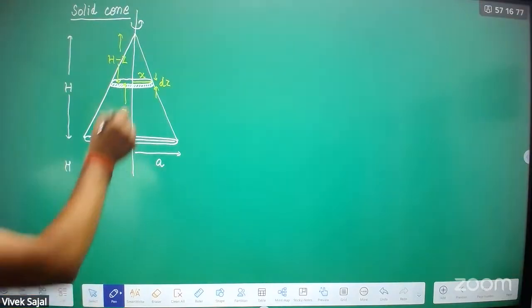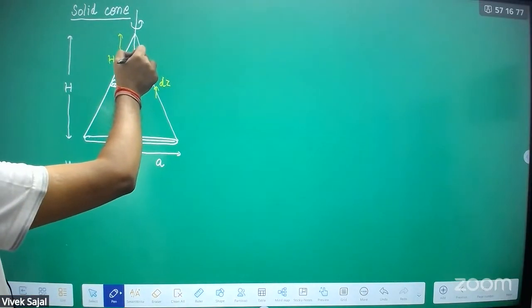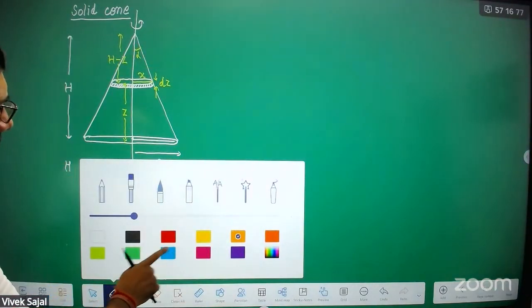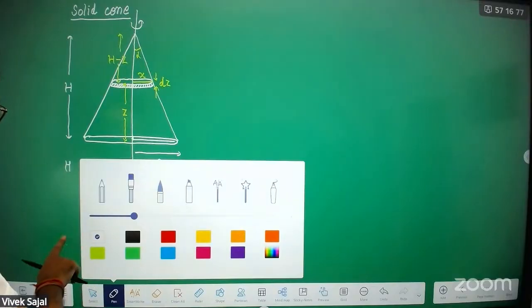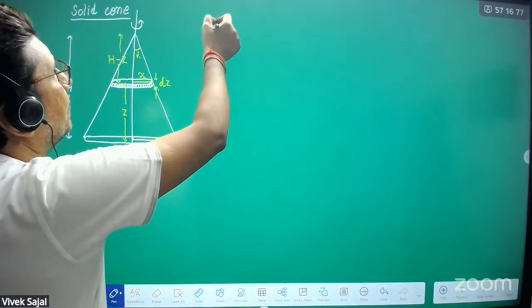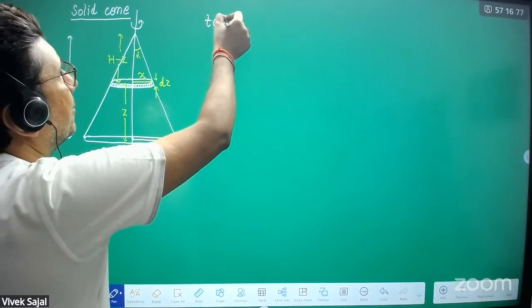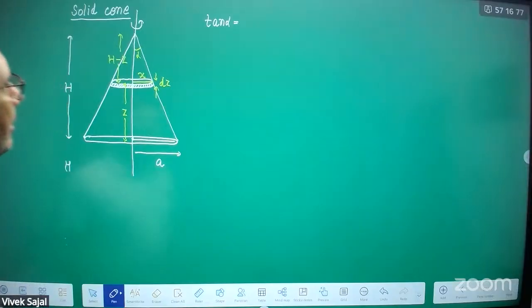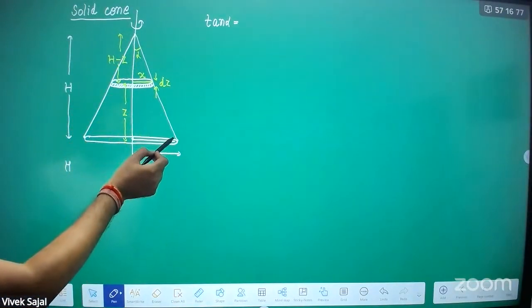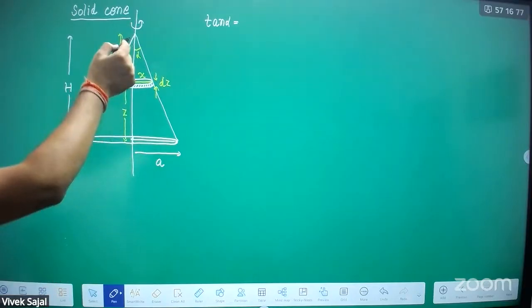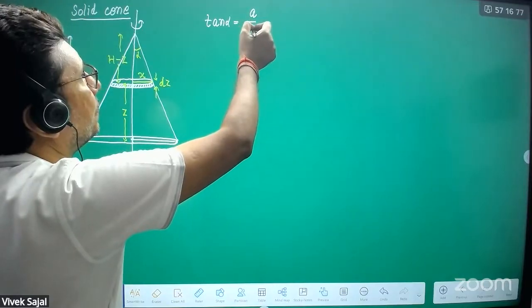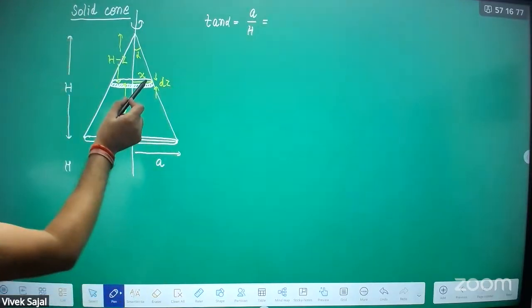Now, if I assume this angle is alpha, then what will be tan alpha? Try to understand tan alpha. You have this greater right angle triangle. The perpendicular is a and the height is h, so I can write it as a by h. A smaller triangle is here.